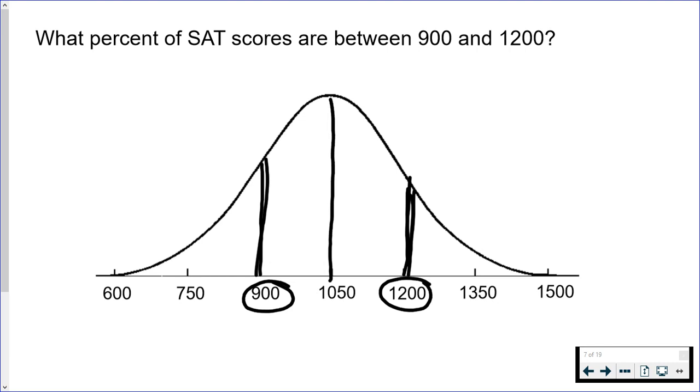According to the empirical rule, values within one standard deviation of the mean make up approximately 68% of the data. So this area right here is approximately 68%.